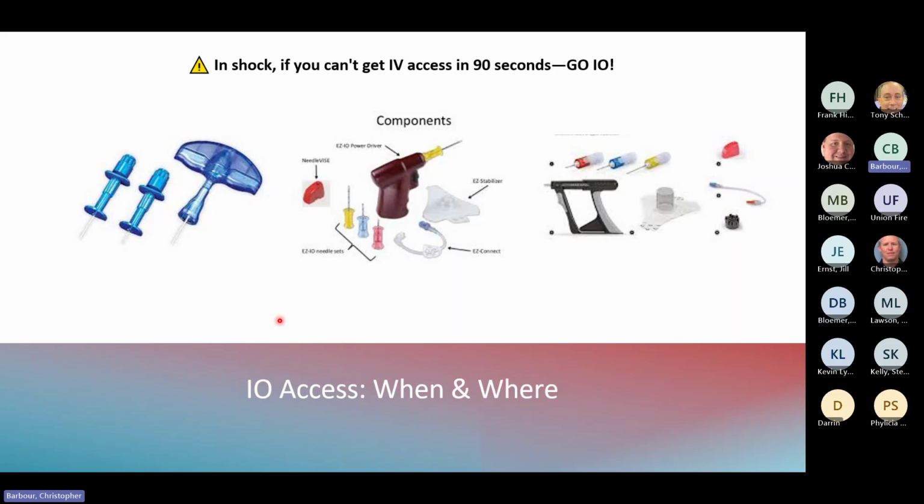Well, how easy is it to push a fluid bolus and code a patient through a 20 gauge, God forbid a 22 or a 24. So if you can put in an IO, you will probably have much better luck at getting, especially a fluid bolus, in quicker.